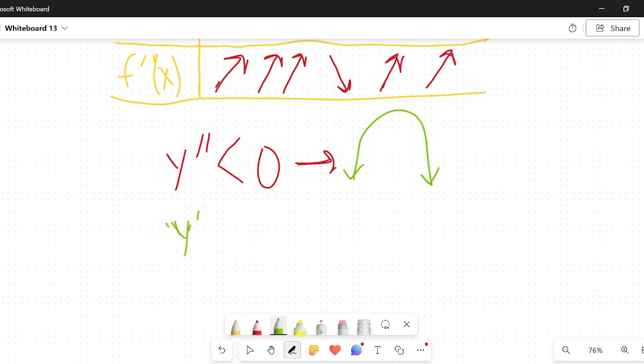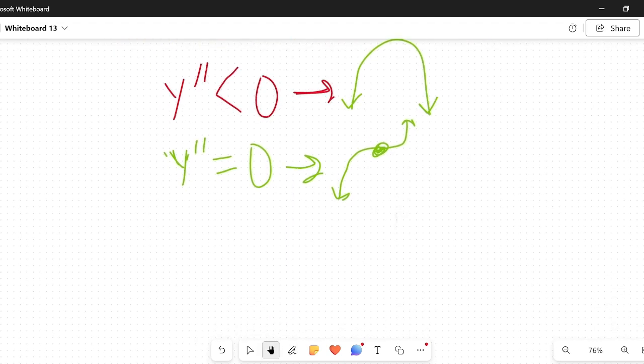If y double prime equals 0, then it's going to be what we call an inflection point, where the concavity changes. Something like that.